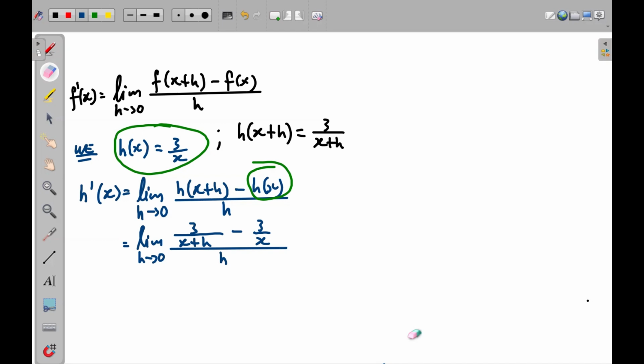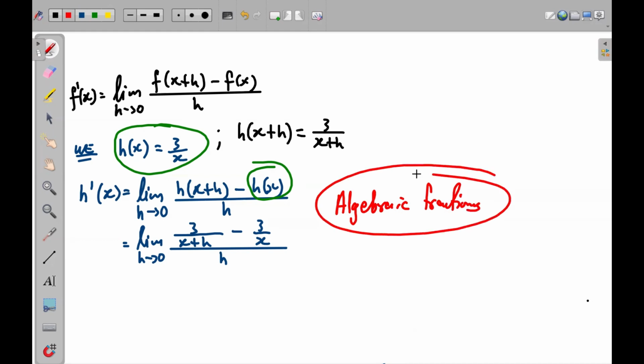But a very important skill that is needed here, which you have learned or should have mastered from grade 10 and maybe revised also in grade 11, is this topic called algebraic fractions, where you had to find the LCD. You were just adding fractions, but in an abstract way. You did not have 1 over 2 plus 3 over 4 as you would have in primary school.